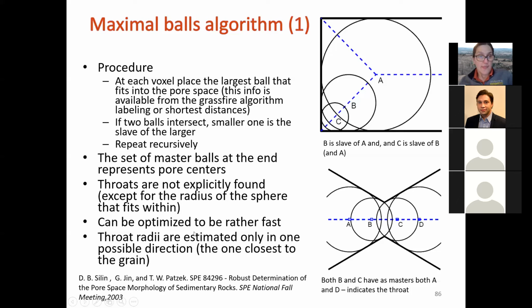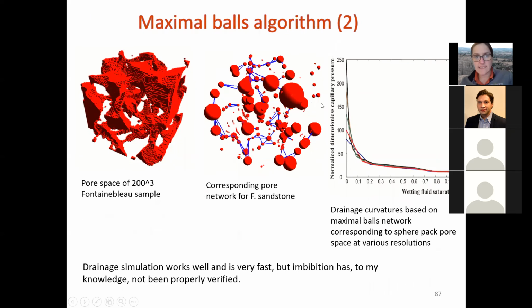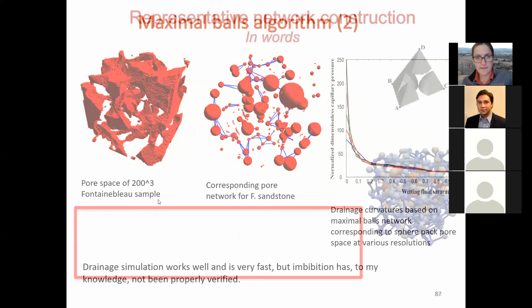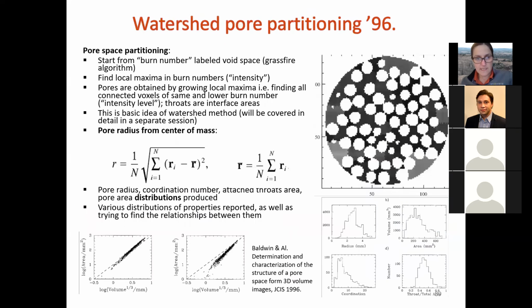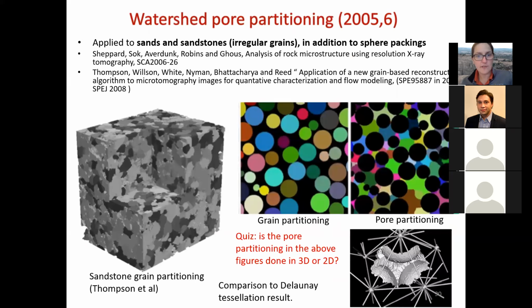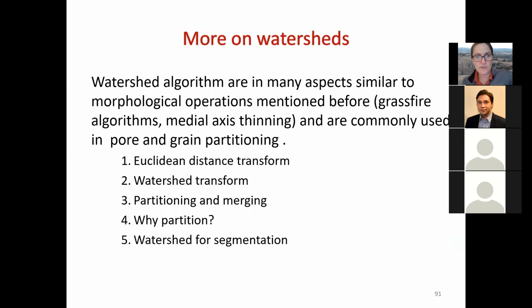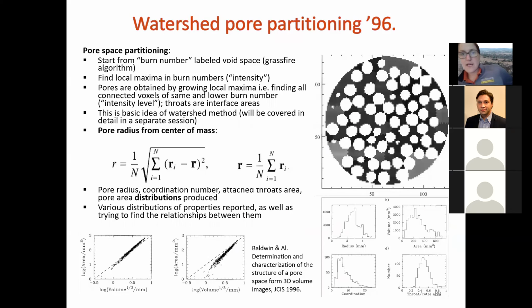So this is basically the procedure, and it's an algorithm that can be applied pretty quickly. So you can get a network and the topological relationships of pore-throats. This is one example of these networks, and then some drainage curves that are borrowed from that paper. Okay, next one is the watershed. We're going to try it out, so I don't start this pretty long discussion now.